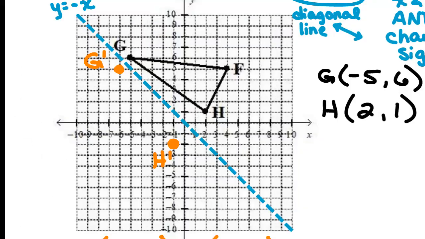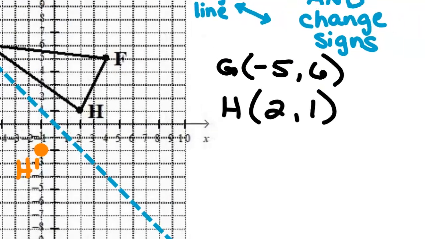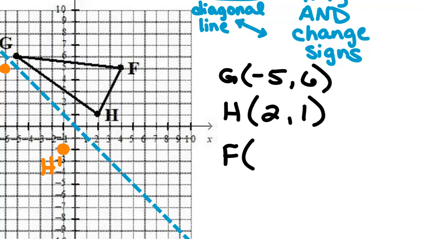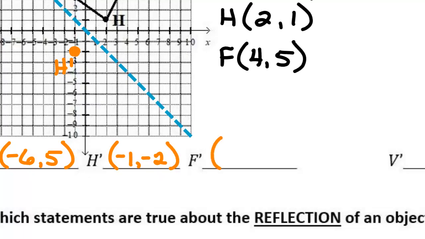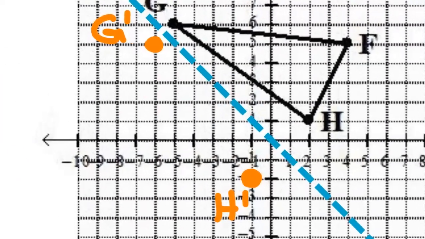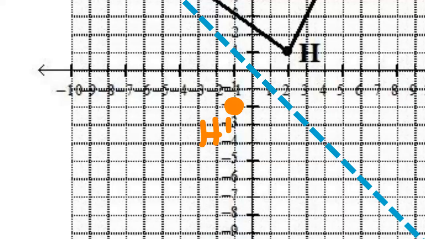And then finally, we need to do point F. Where is point F at currently? What is this ordered pair? 4, 5. So where is F prime? -5, -4, yes. -5, -4 is right here.